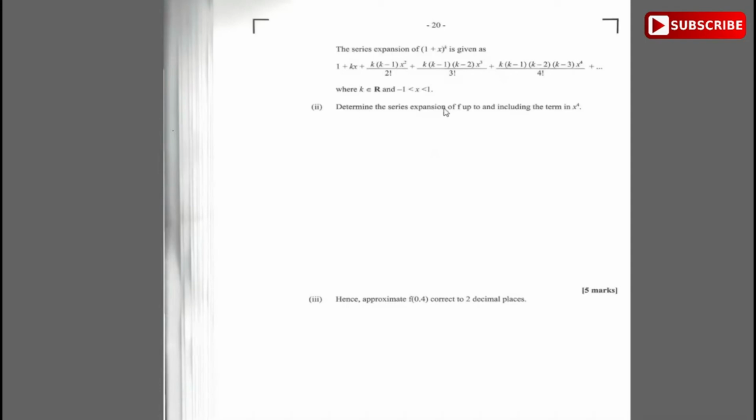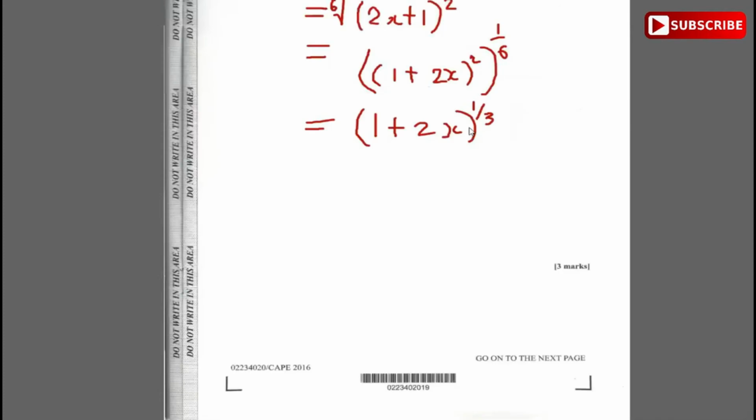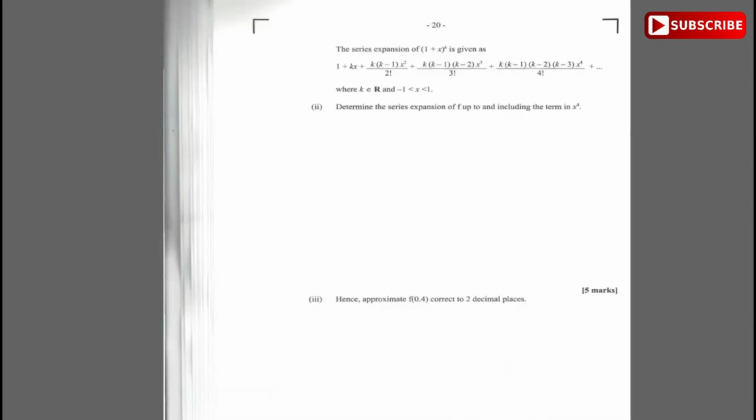It says determine the series expansion of f up to and including x to the 4. To do this, all we're going to do is replace x with 2x and k with 1/3.